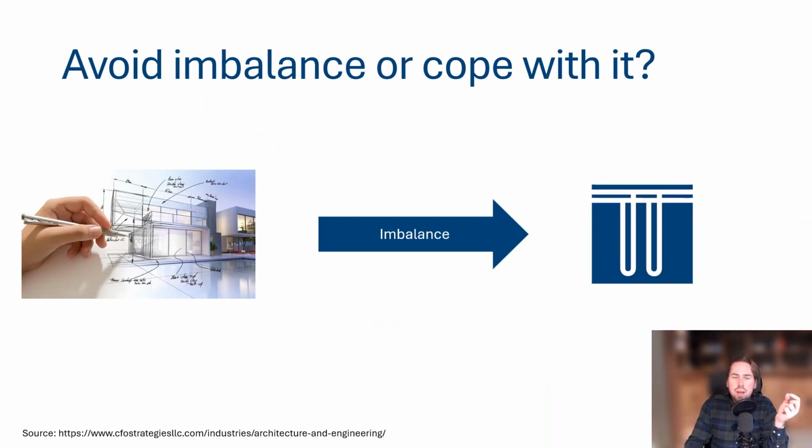Now, there are two ways to look at this problem. I've said that the imbalance is a given for a certain building, and that's true. But of course, the building itself is not a given. There are architectural choices to be made, and quite a lot of HVAC choices. But once all these choices are made, we end up with a certain imbalance that can be given to a design software like GG2 in order to design your borefield with it.